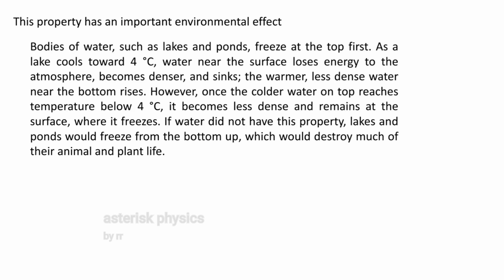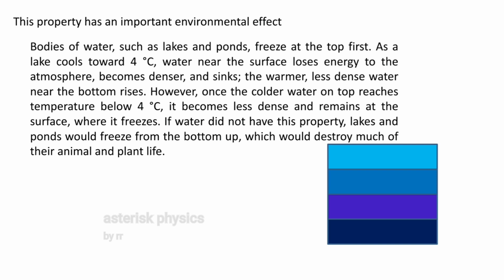That is, water bodies like lakes and ponds freeze at the top first. As a lake cools towards 4 degrees Celsius, water near the surface loses energy to the atmosphere, becomes denser and sinks.